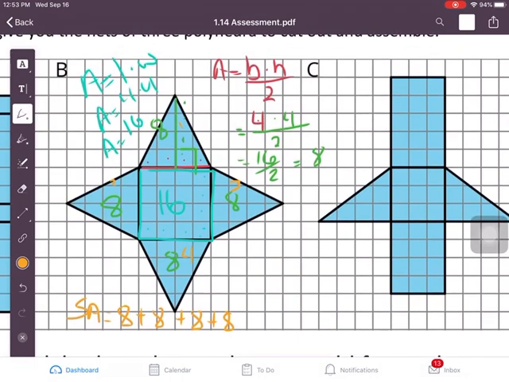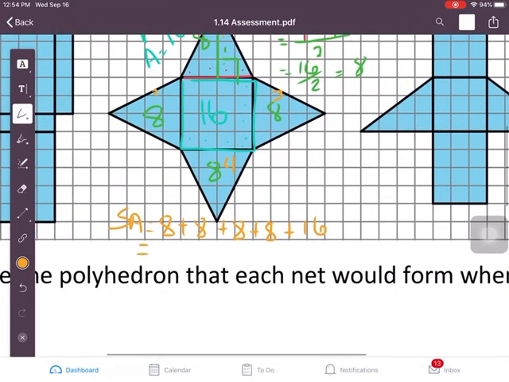Four faces of the triangle. And then I've got my last one, which is the one in the center, plus 16. So that would be 16 plus 8 plus 8 plus 8 plus 8, which is going to give me 48 centimeters squared.